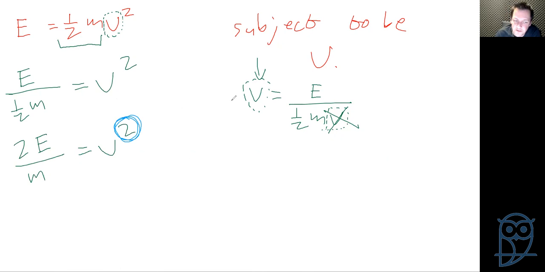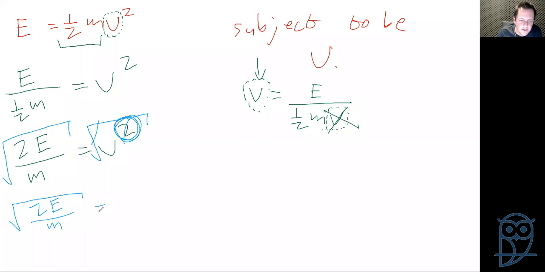Well, what's the inverse of squaring something? Well, it is square rooting something. So therefore, the square root and the square cancel. And you're left with the square root of 2e over m that equals v. And that is your final answer.